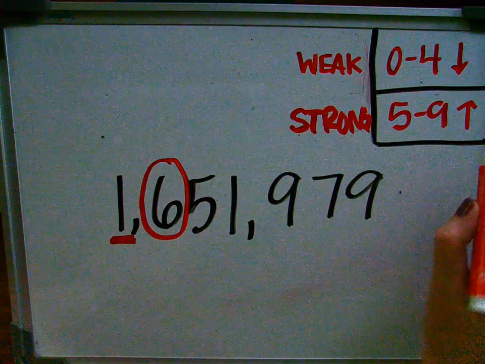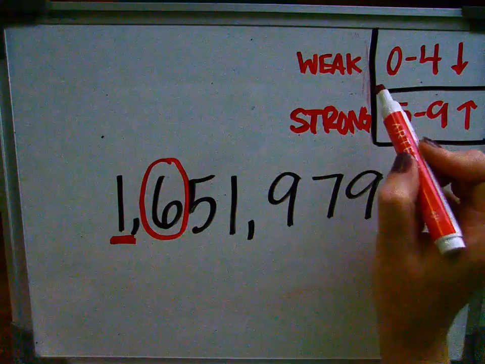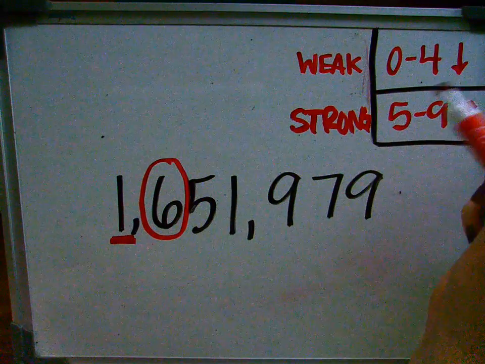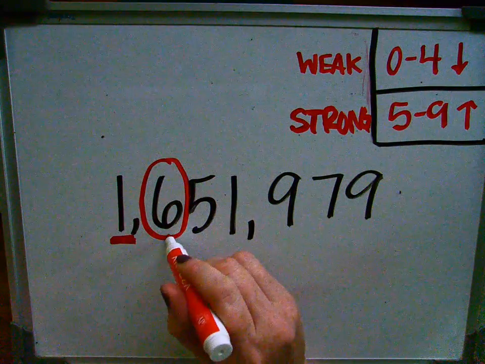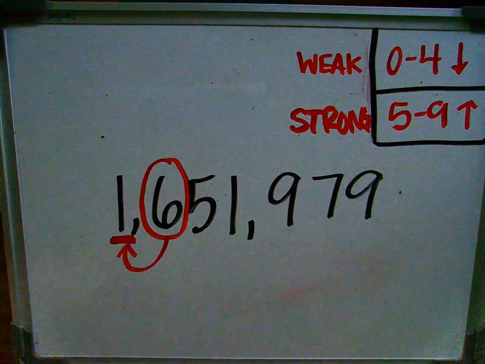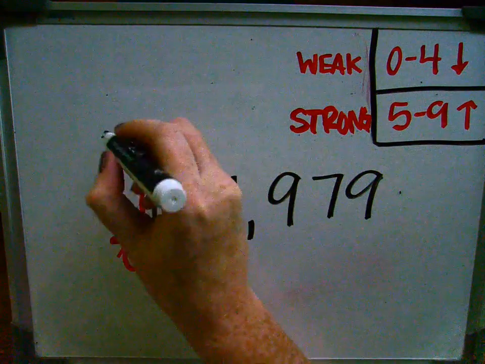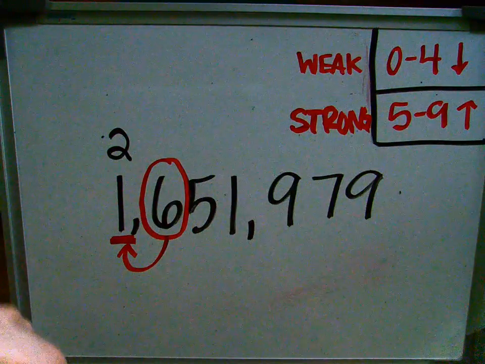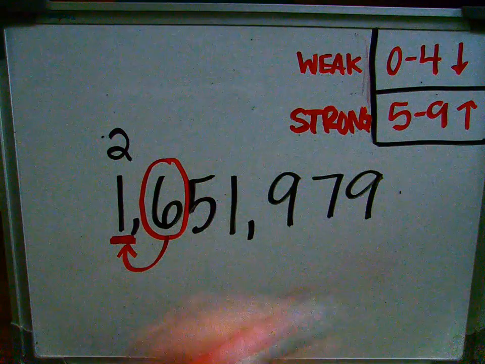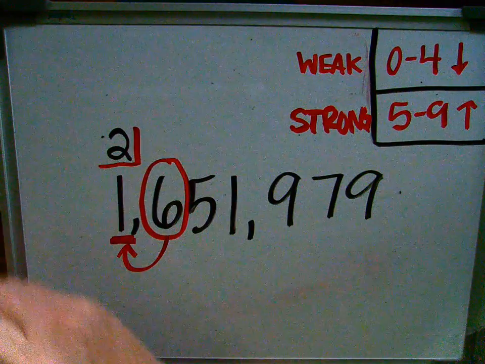because you always kind of want to remember this little rhyme. 4 or less, let it rest. 5 or more, raise the score. So it is over 5. It's a 6. So that's going to push this 1 that's in the millions place into a 2 in the millions place. And then we've got, remember, our L train. Everything on the L train stays the same.